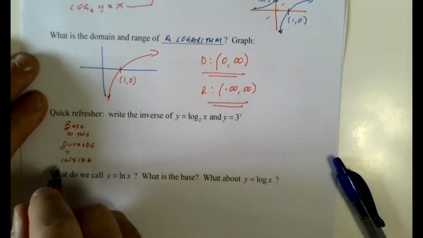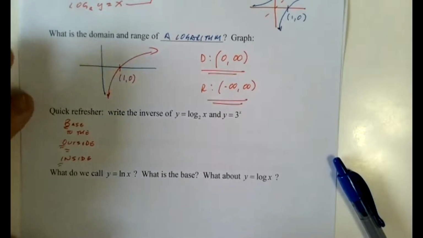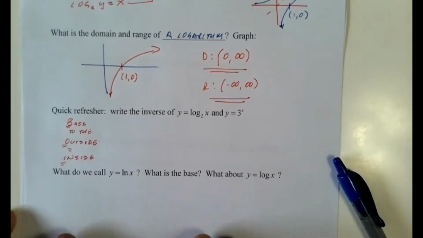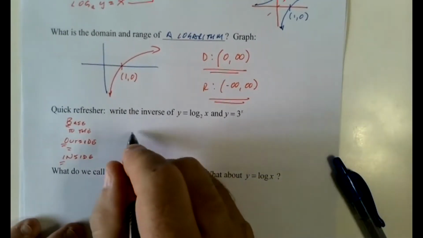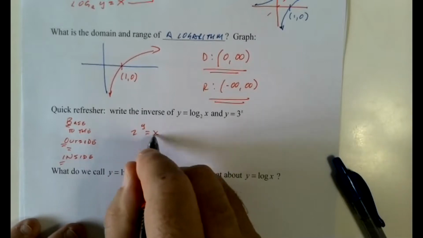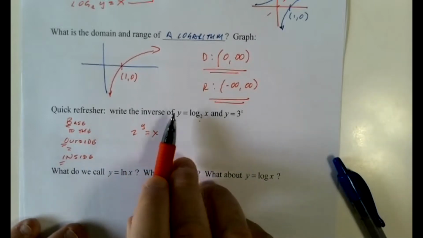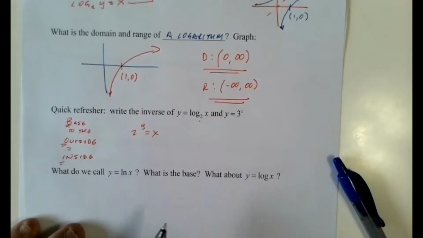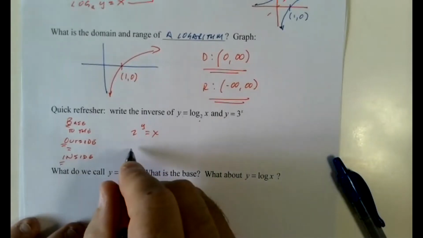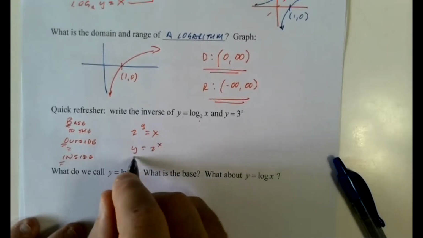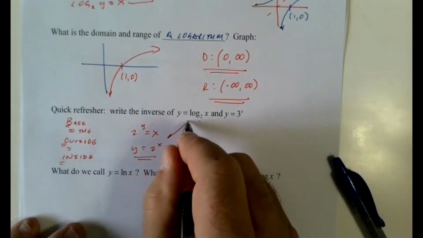What I call BOI, taught to me by a student in 2007, I believe. And we say, well, then 2 to the y equals x. Base to the outside equals inside. Flip the x and y, y equals 2 to the x. These are inverses.